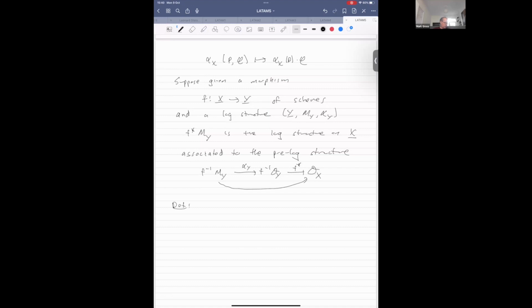The definition. A log structure, or a log scheme, X, is fine if locally on X, on some open cover of X, there exist charts.